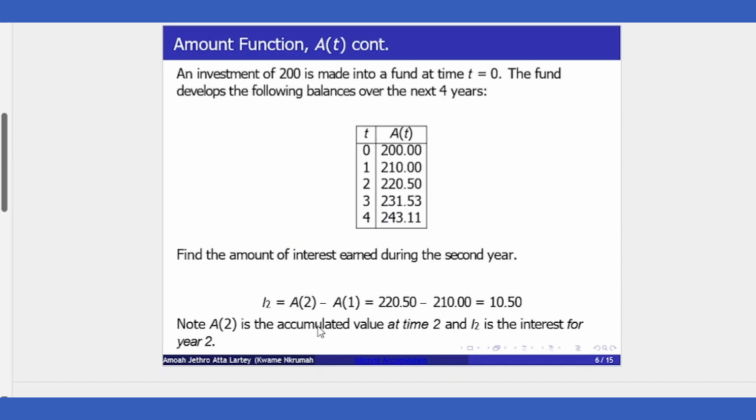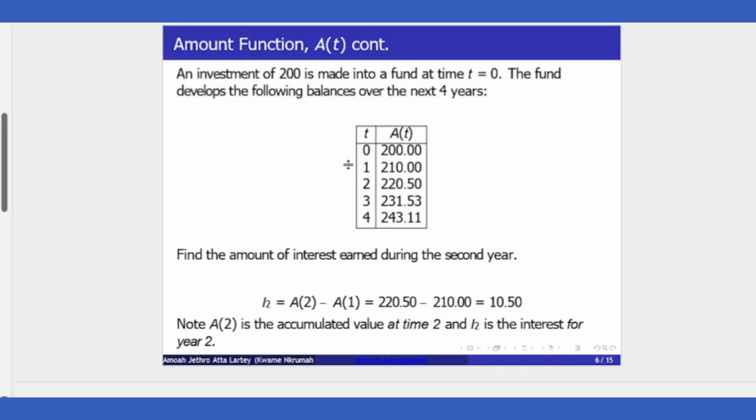Now let's look at this example. An investment of 200 cedis is made into a fund at time t equals 0. The fund develops the following balance over the next 4 years. Find the amount of interest earned during the second year.